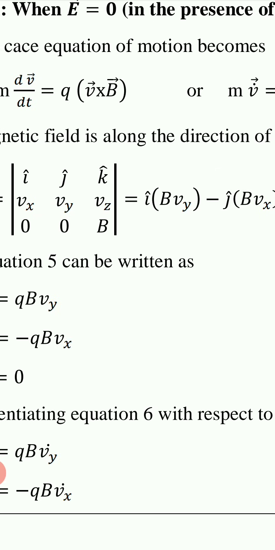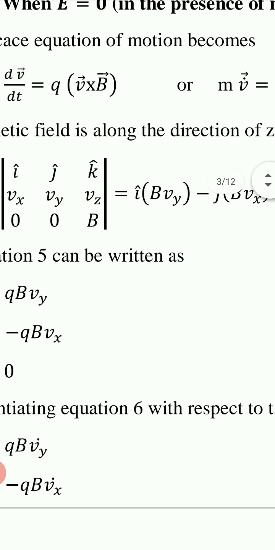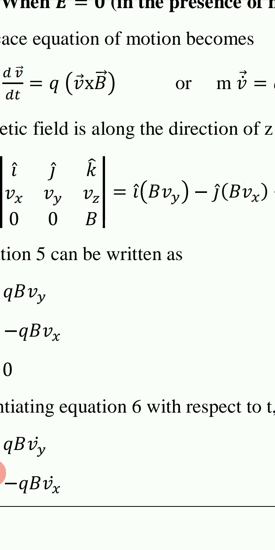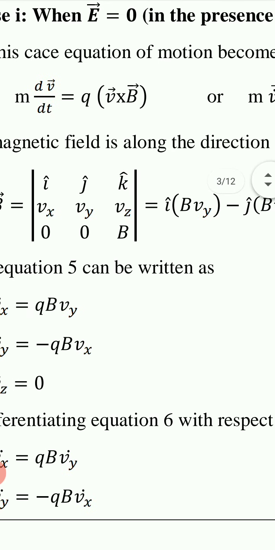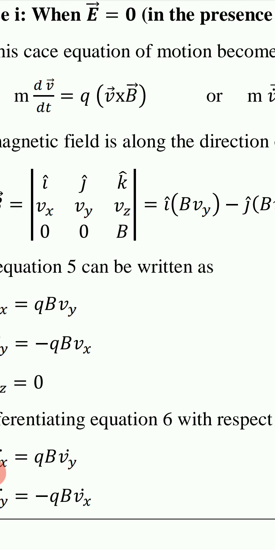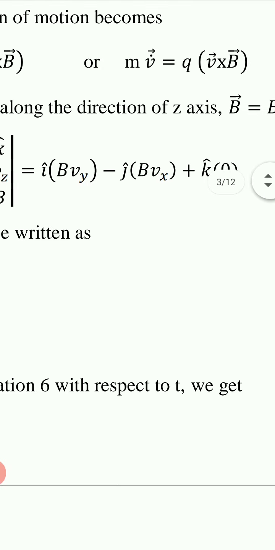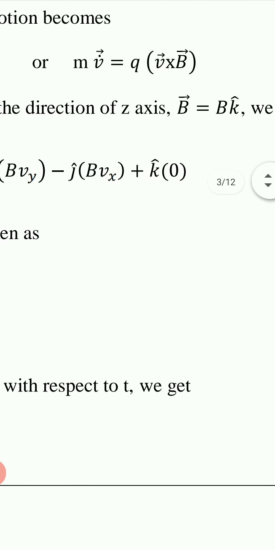If there is a single dot, it is differentiation with respect to t, and if we use double dot, it will be double differentiation with respect to t. So the equation of motion, we write it as m v dot equal to q v cross b. V dot is dv upon dt, which is acceleration. So mass into acceleration equal to force, and this is the equation of motion.